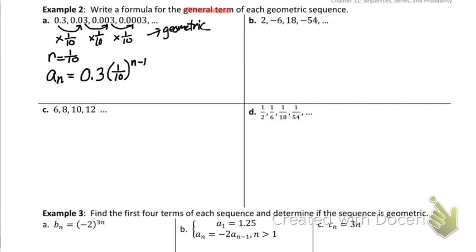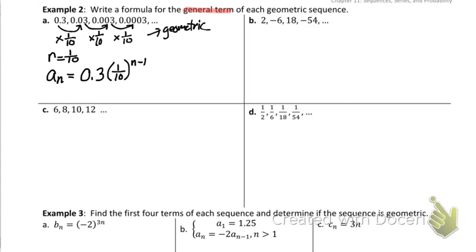As soon as I come up with an explicit form, I check to make sure it is correct. If I plug a 1 in for n, that means my first term is what I'm looking for. So I'd have 1 minus 1, which would give me 0.3 times 1, which is my first term. So that is, in fact, the correct equation.